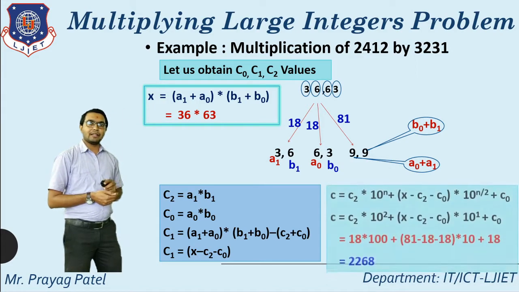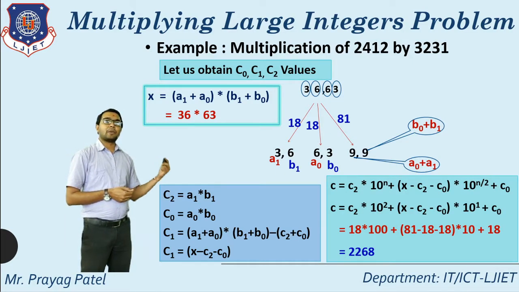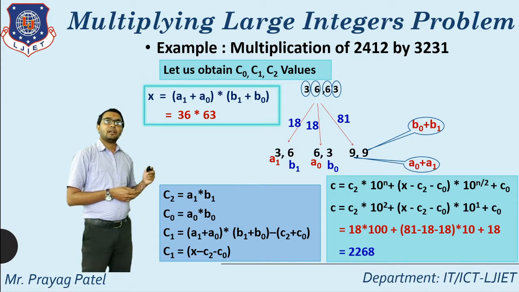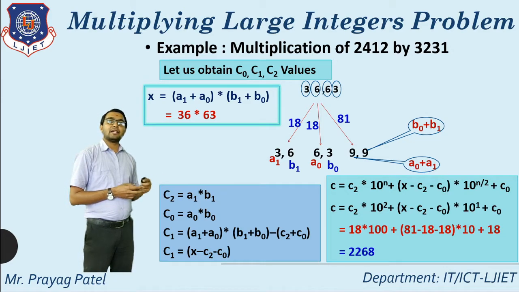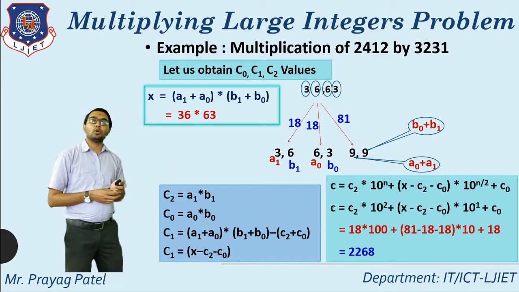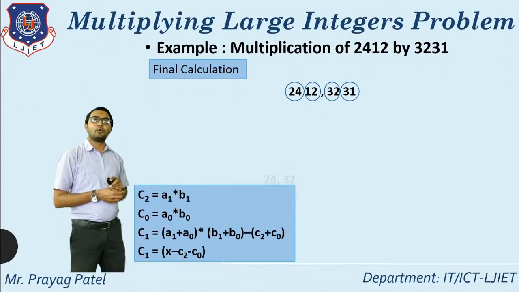Now calculate the final C equal to C2 into 10 raised to n, meaning 10 squared, plus x minus C2 minus C0 into 10 raised to 1 plus C0. Here consider the value of C2 equal to 18, meaning 18 multiplied by 100 plus 81 minus 18 multiplied by 10 plus 18. So the final answer equals 2268. Here we have the values of the three components.